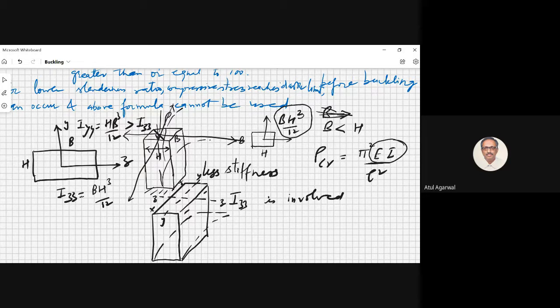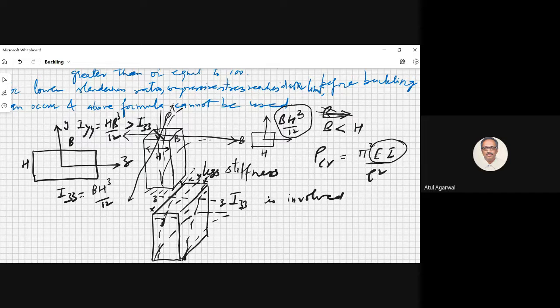If your IZZ was involved, what would have happened? You would have had tension here and compression here. In that case, your column would have gone something like this, in that direction.